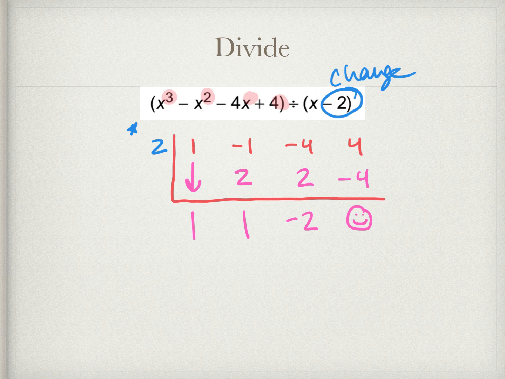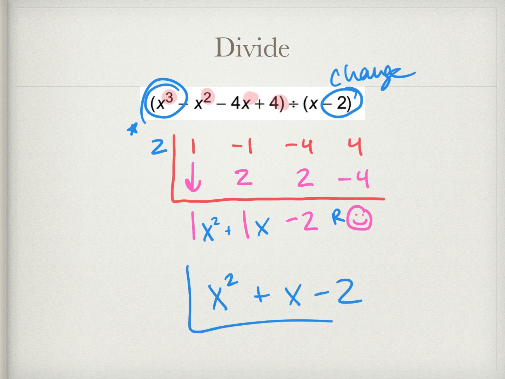Perfect. So if my question started with x to the third power, what's my answer going to start with? X squared. And then what comes next? X, and then that's our number, just minus 2. And then our remainder is 0. So my answer is x squared plus x minus 2. No remainder.